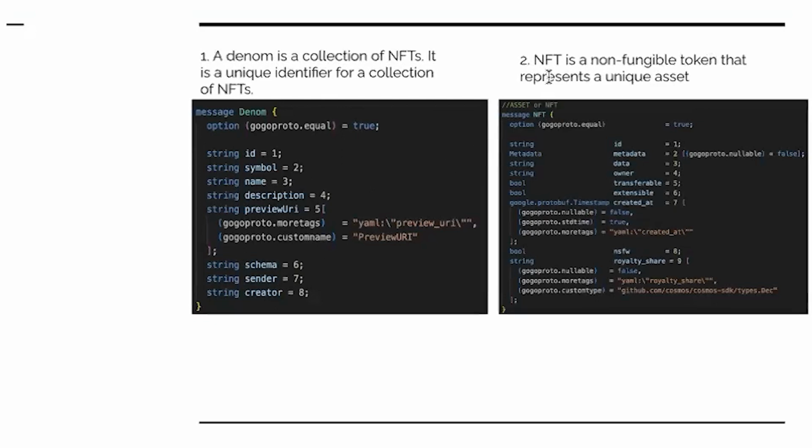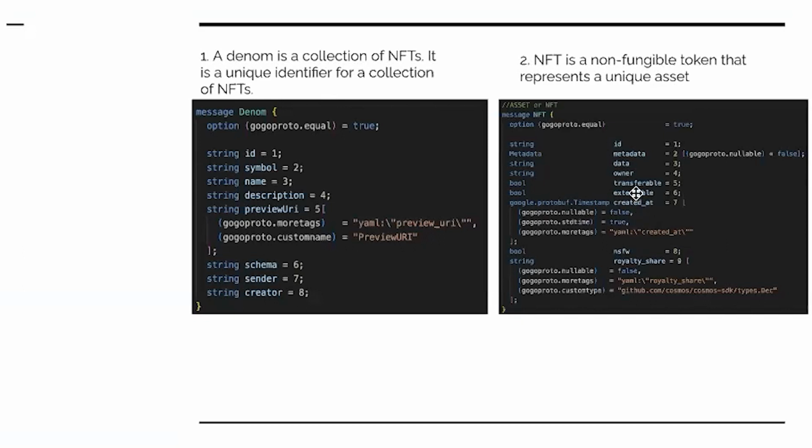And next, for NFT, similar to collection, an NFT will have a unique ID, the metadata associated with that NFT, and additional data, the additional properties of the NFT, which will be an optional field. Certain fields are required and certain fields are optional. We'll see the use of required and additional fields as we move forward with the module development.